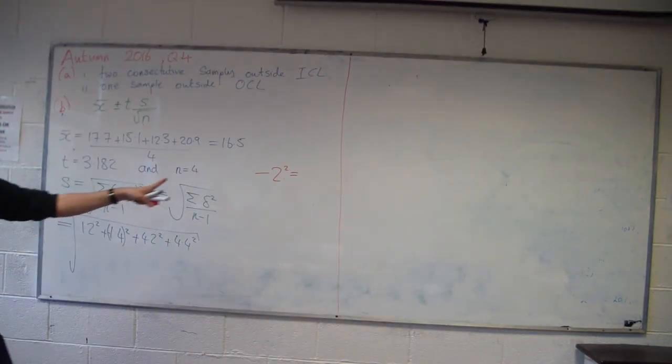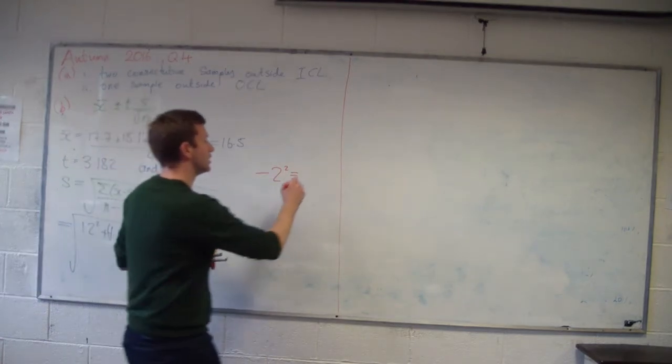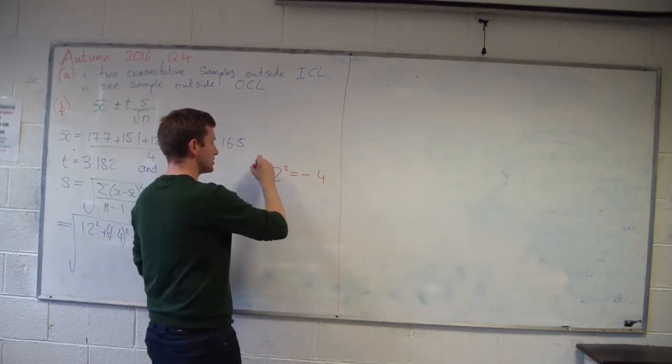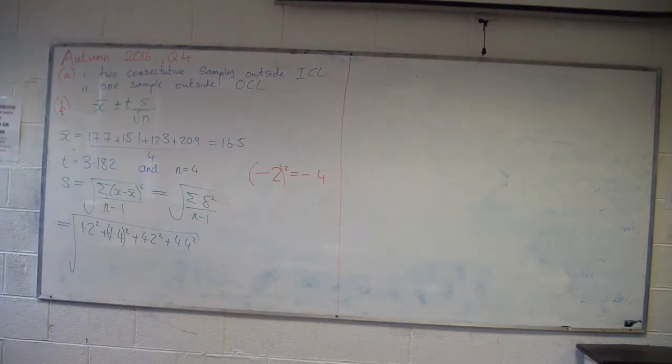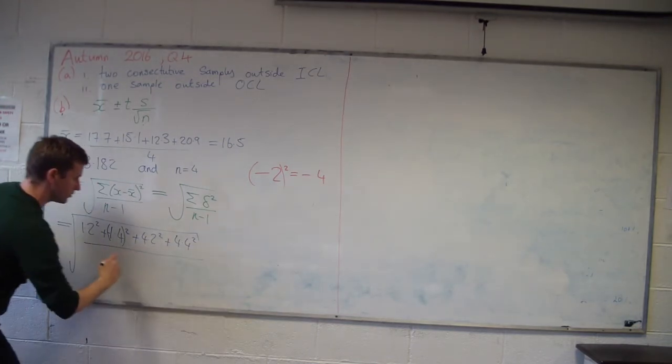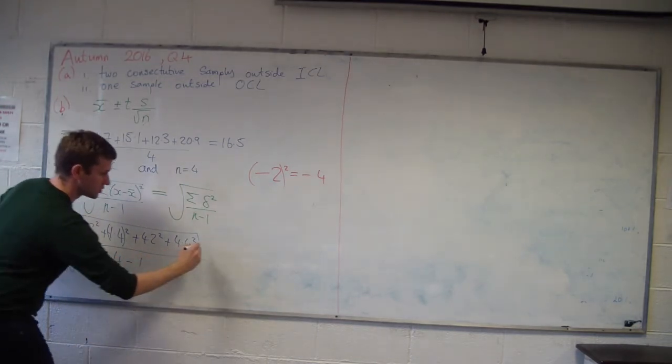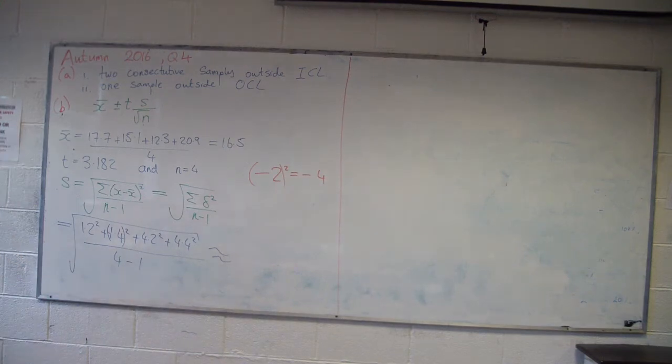It gives you minus 4. It's just the squaring first. So one way is to leave the negatives out. I think you're better off leaving the negatives out, you understand it better. That's easy. All over 4 minus 1. Look at this: 40.4.